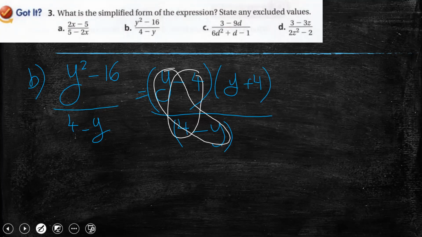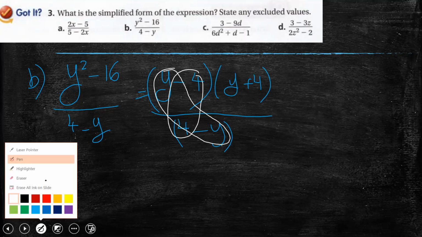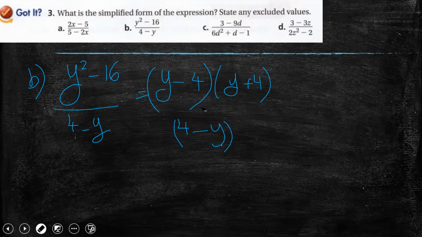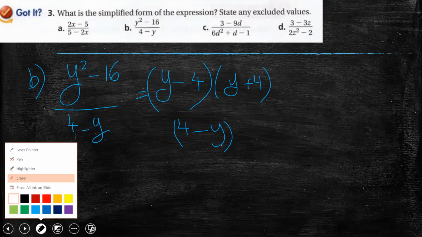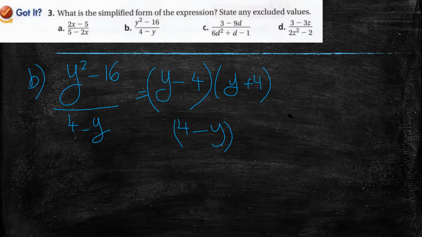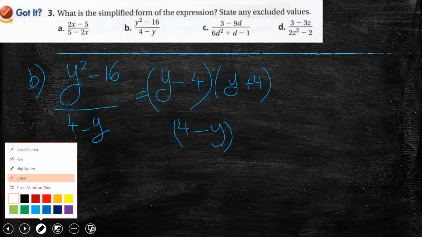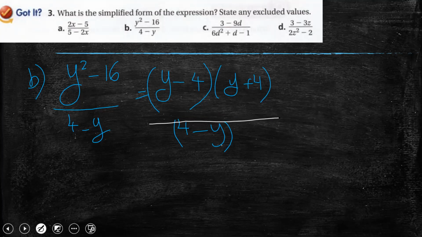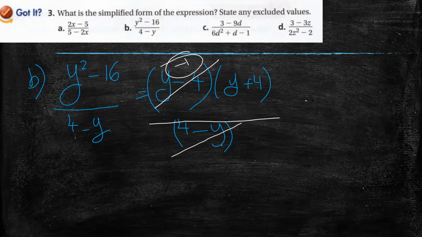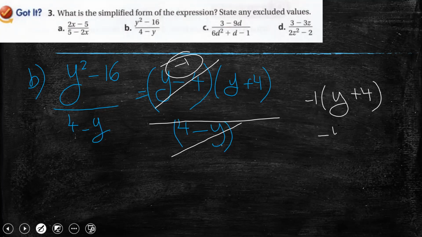They are opposite, so I can factorize it. I will cancel it and say they are negative 1. So it's negative 1 times y plus 4, or we can say it's negative y plus 4, or 4 minus y. This is now the final answer.